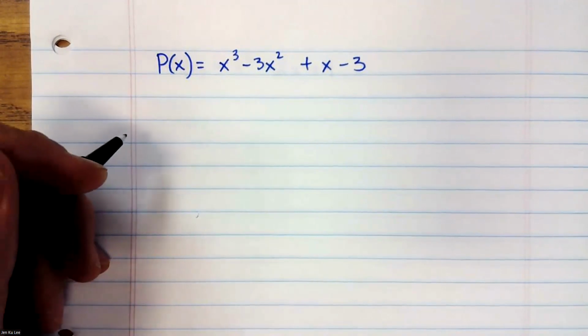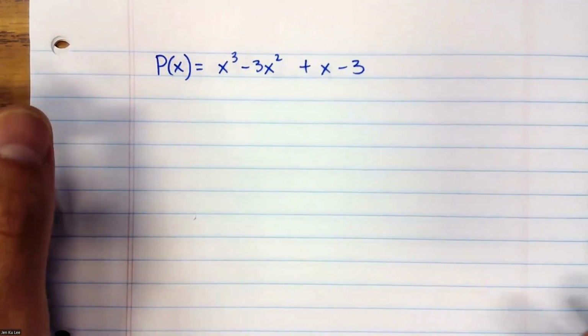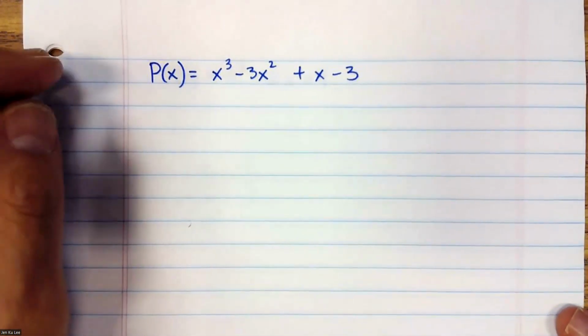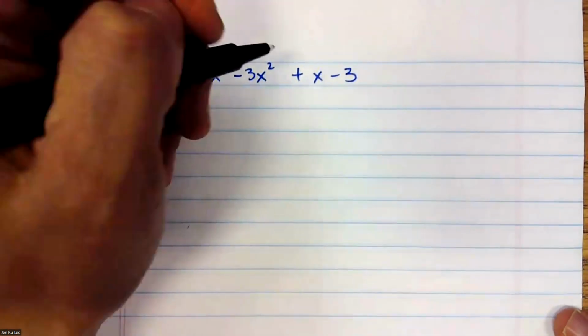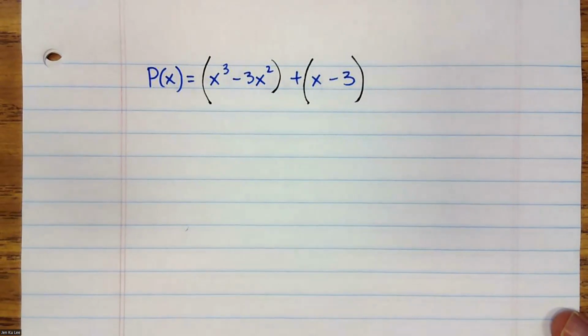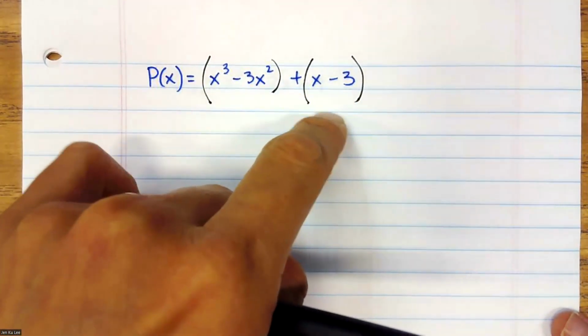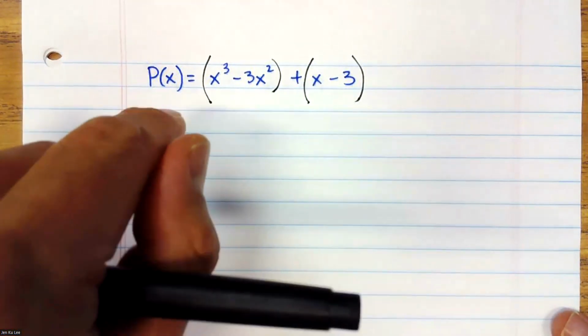So the easiest, simplest way to do this without synthetically dividing is factoring by grouping. Okay, so I'm going to group the first two and group the last two. All right, do you guys remember factoring by grouping? We group them. It could be 3 and 1. It could be 2 and 2.